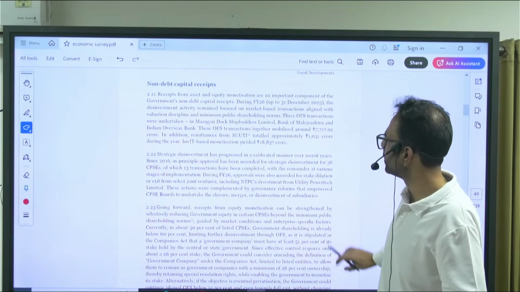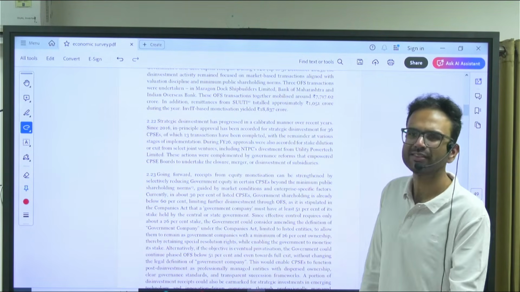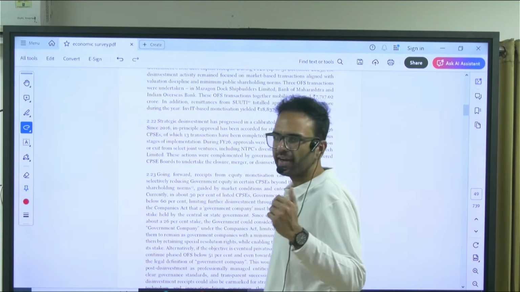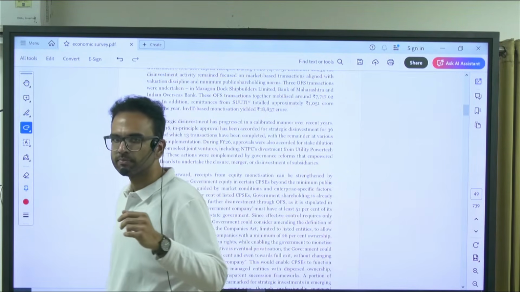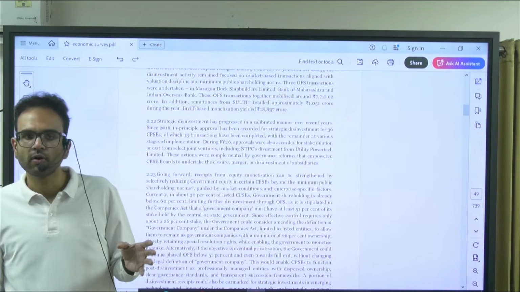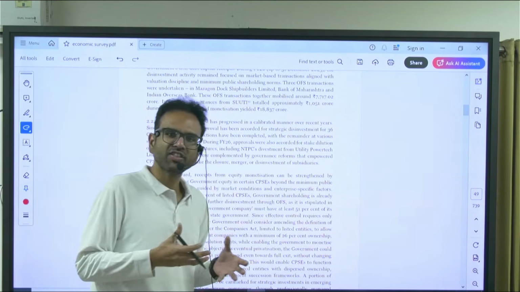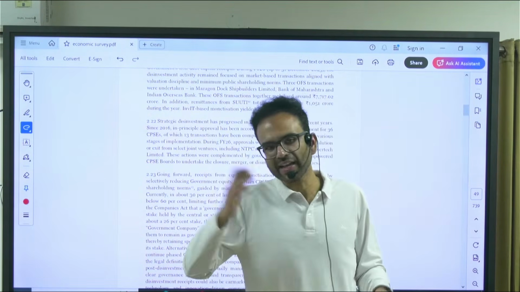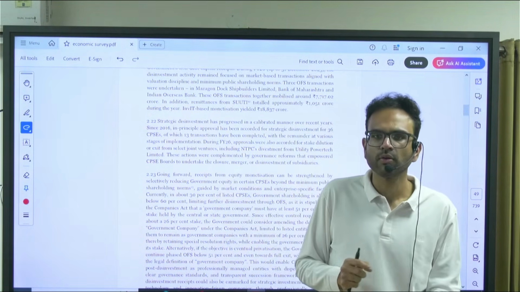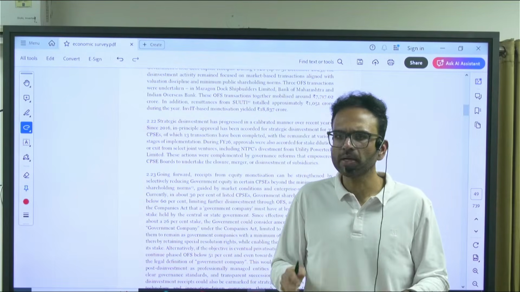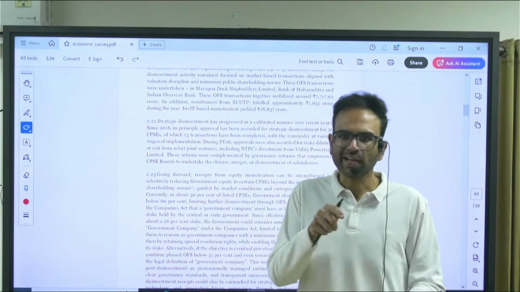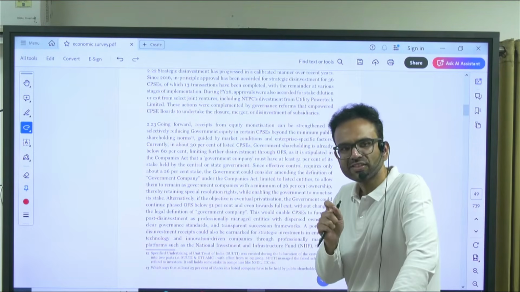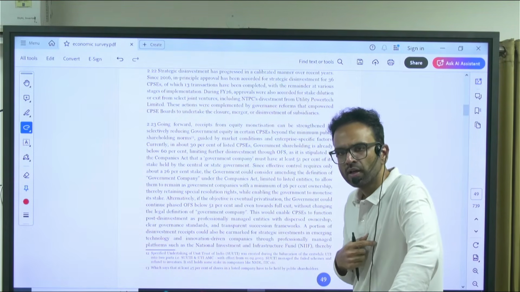Non-debt capital receipts. Basically, you are talking about disinvestment. Many disinvestment trends were there, like for example, Air India, NTPC. All the money that is generated out of this asset sale is again reinvested through the government route only. The Survey in fact says that let's reduce the ownership to just 26%.